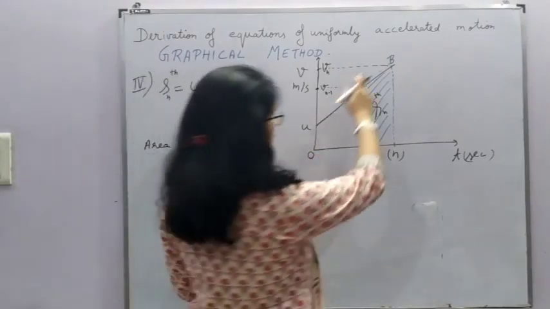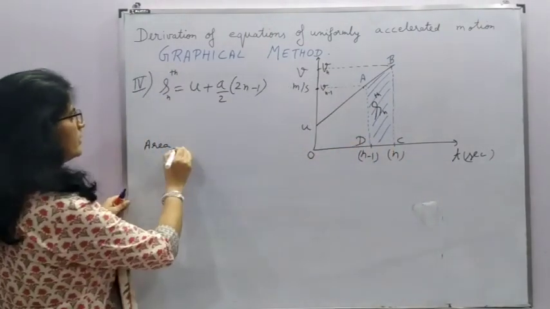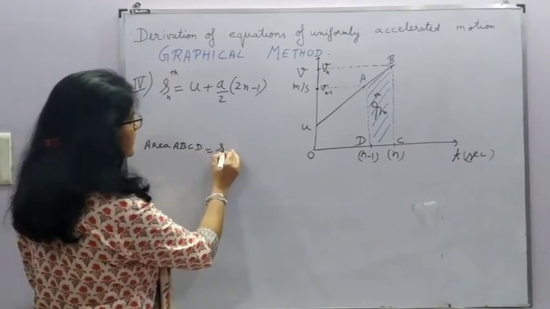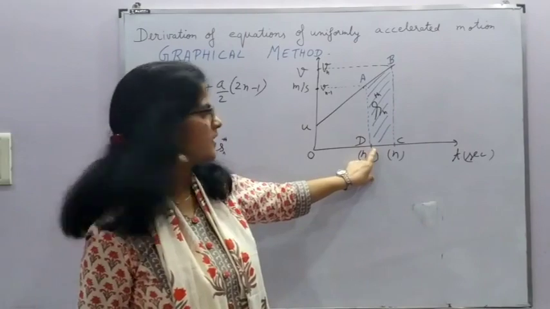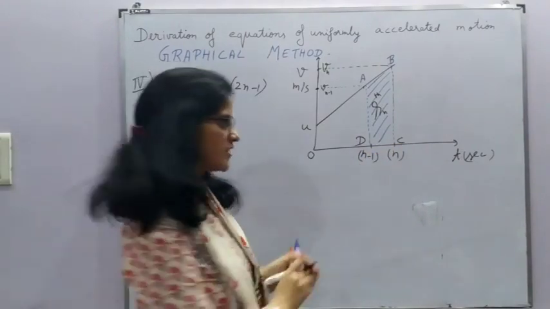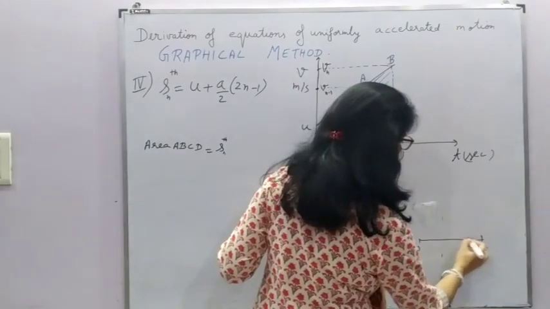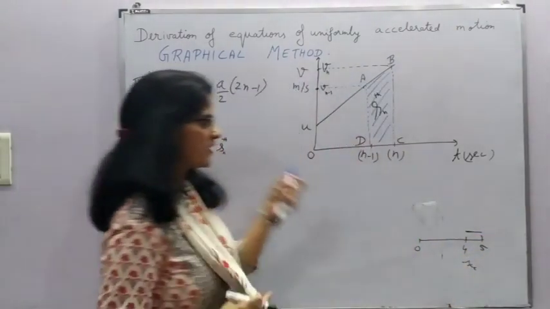Let's mark this point as C and this point as D. So area ABCD is equal to distance in nth second, because here n minus 1 second is complete and nth second starts, just as in case of 4 seconds complete and 5th second starts, right?